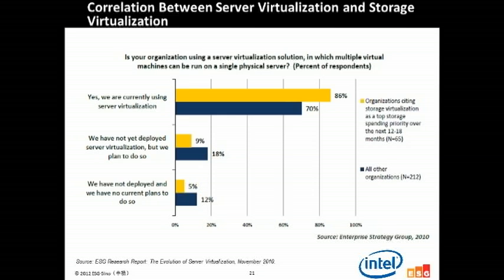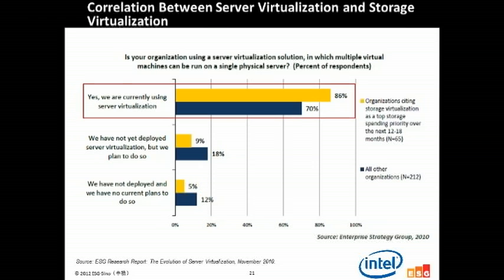We conducted another survey for the customers who already deployed server virtualization. Our question is, what is your organization's storage spending priority in the next 12 to 18 months? From this group of research data, 86% of the clients indicate storage virtualization is their top priority on storage spending.